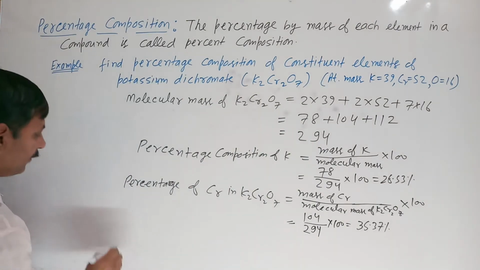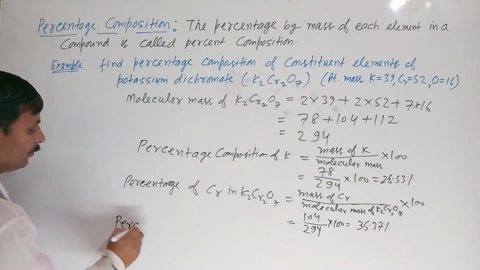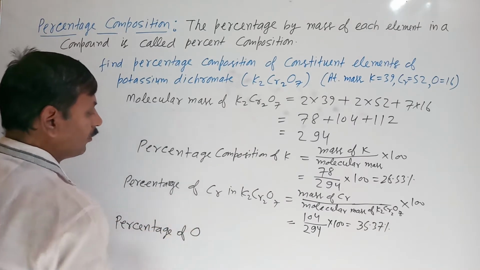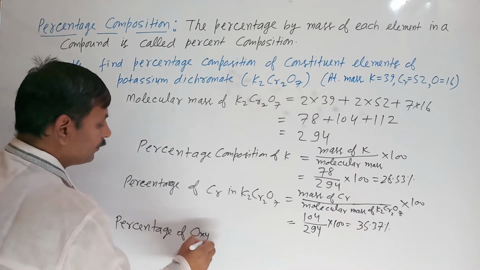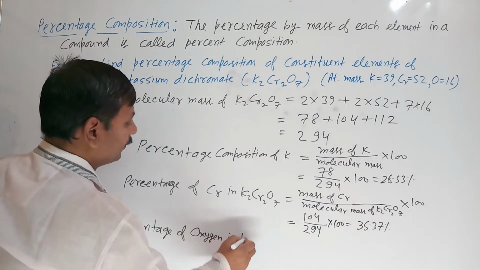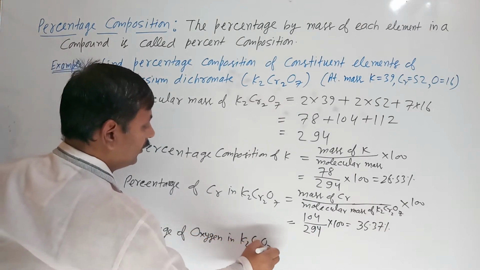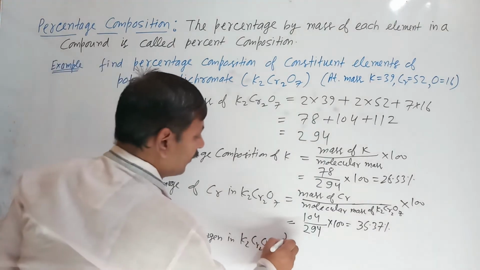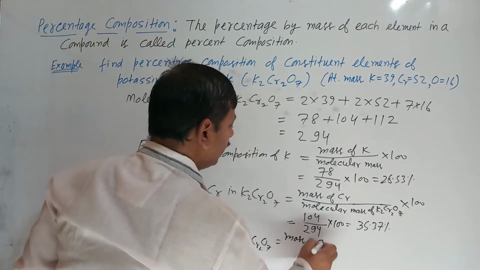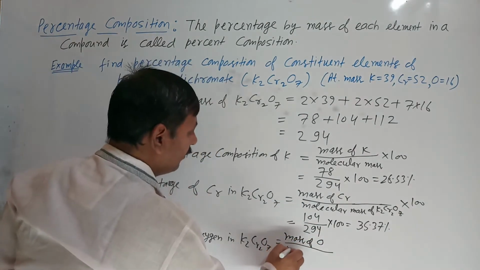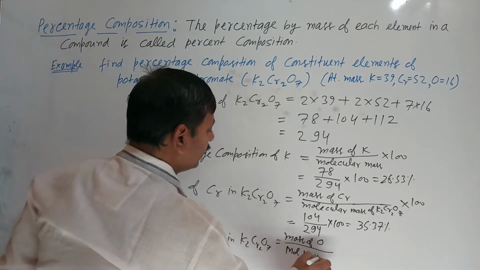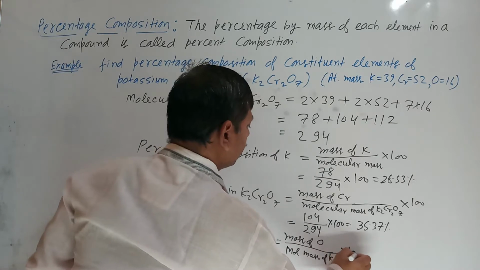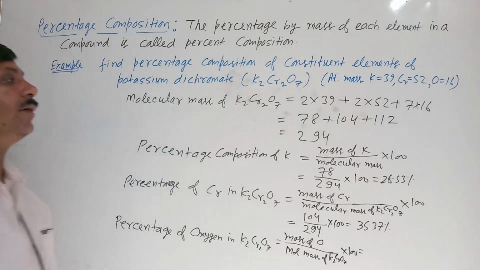Same way, if you want to find the percentage of oxygen in potassium dichromate, what happened? Mass of oxygen divided by molecular mass of K2Cr2O7 multiplied by 100.